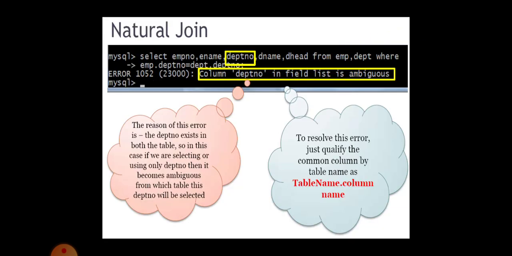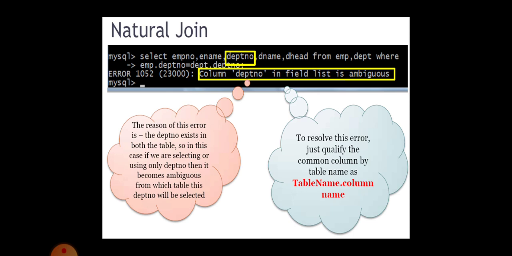My dear children, what happens when we give the common column name along with the select clause? The compiler will give an error message, that is, column DEPT NO in field list is ambiguous. Ambiguous means confusion. So, the compiler will be confused about which table DEPT NO has to be selected from.